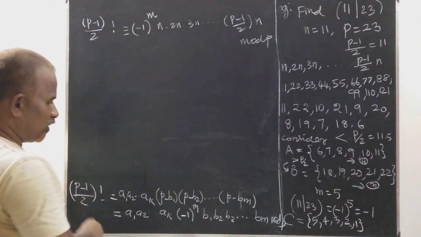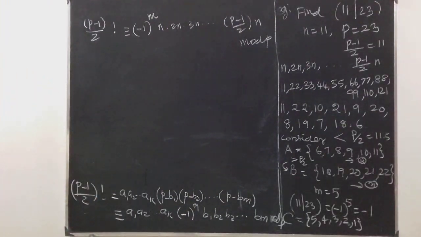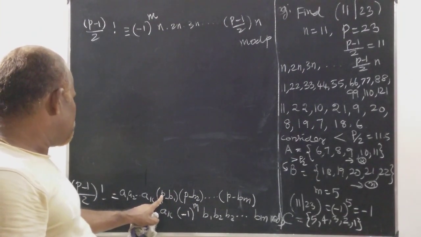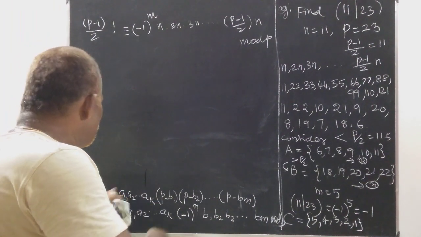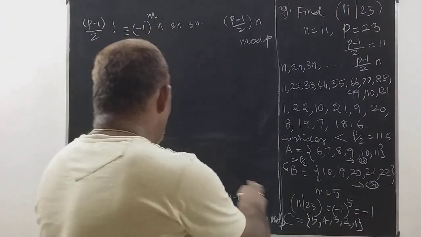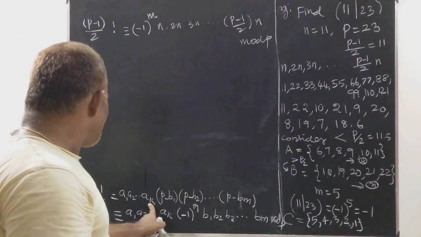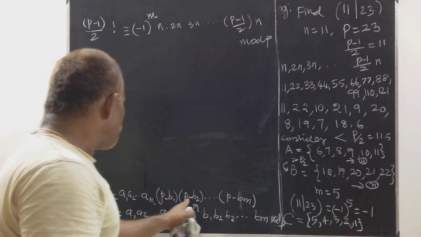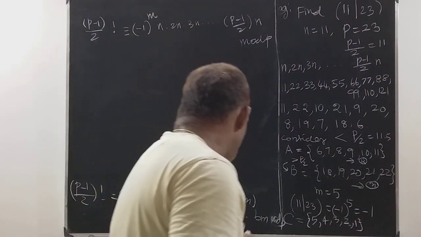So I can write congruent here because P into something is 0, but this into P1 will take, this into minus P2, this into minus Pm.